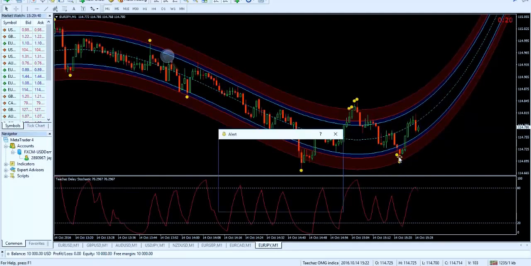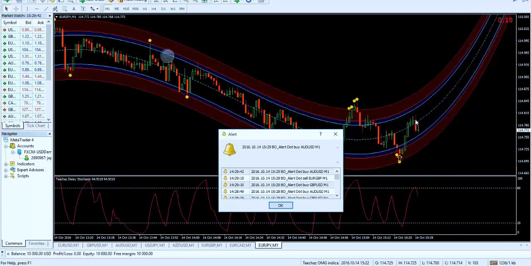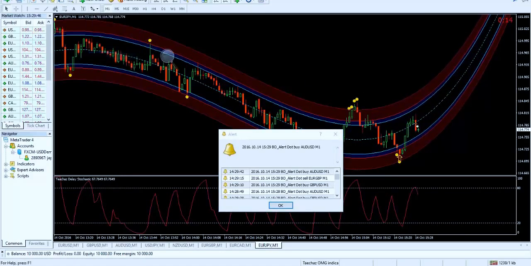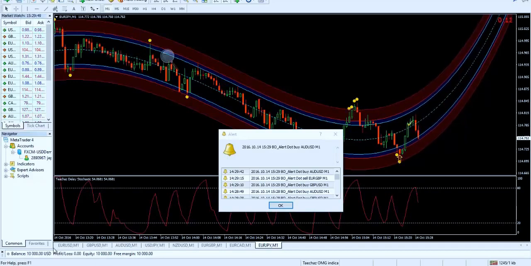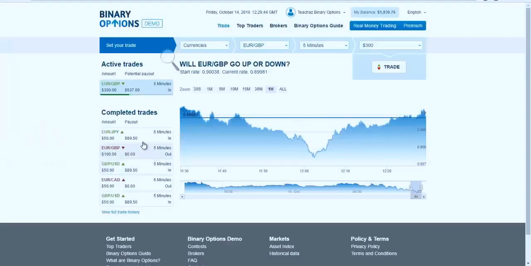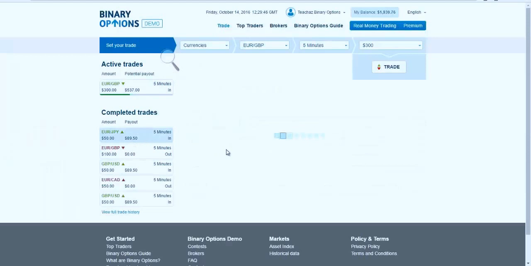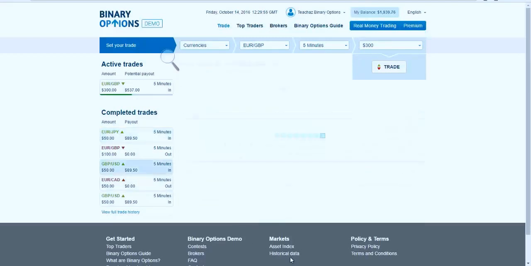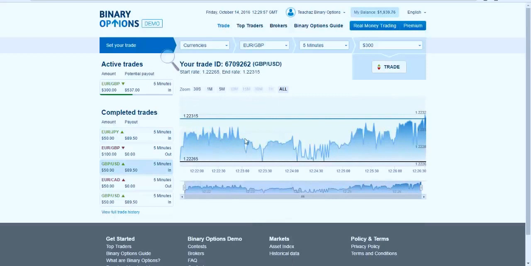It expired here. This was in the money. Even if you go to the chart itself, you can see the trade was in the money all the way from the beginning to the end, which is a good one. Even the first one here, this is what I like about this. It's not guesswork. You can actually see the trade was all the way in the money.